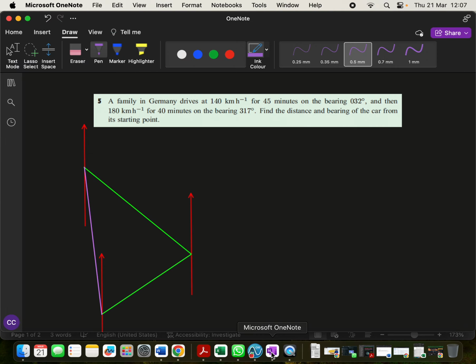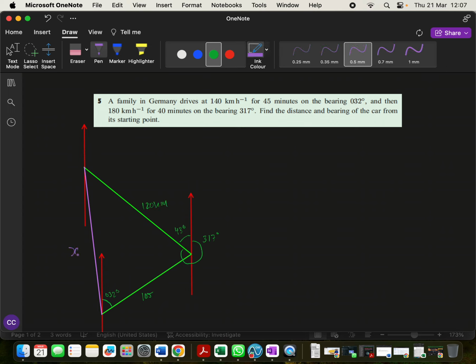Getting these details into the diagram, we know that this is 32, we know that this is 105, we know that this bearing is 317, which would give me 43 degrees here, and we know that this is 120 kilometers.